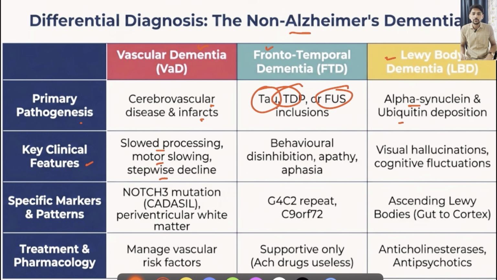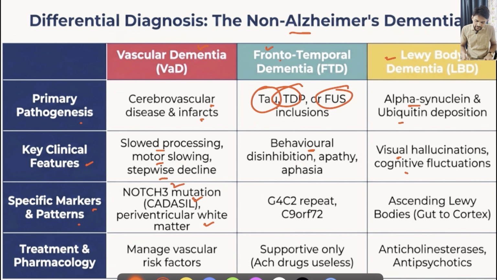Whereas in frontotemporal, as the lobe name indicates, due to frontal lobe, there might be behavioral abnormalities. Due to temporal lobe, there might be memory related issues. And in Lewy body dementia, typically we will be able to see visual hallucinations and cognitive fluctuations. When it comes to some markers and specific patterns, in vascular dementia we will be able to see Notch3 gene mutation, particularly in CADASIL, and periventricular white matter involvement.